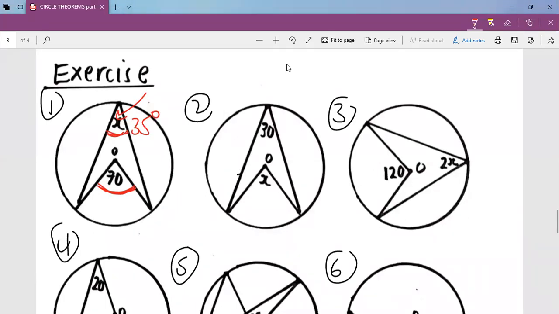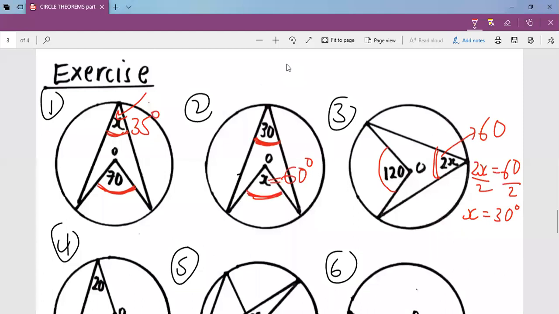When you look at number 2, the angle at circumference is 30. The law says the angle at the center will be 60. Number 3, if you look, the angle at the center is 120, it means the angle at circumference will be 60. Therefore, 2x will be 60. Divide by 2, x is equal to 30.